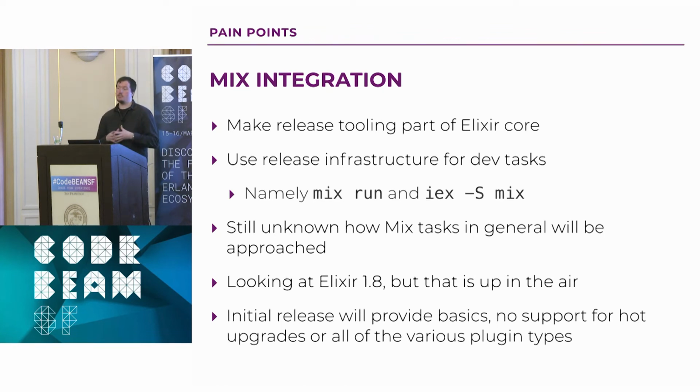As far as Mix tasks in general, these are two very specific tasks, right? But in general, you might have Mix tasks that you want to run in production. The trivial example is Ecto's migrate. However, it's also a good example of why we don't need Mix tasks in production, because it has an API, the migrator API.